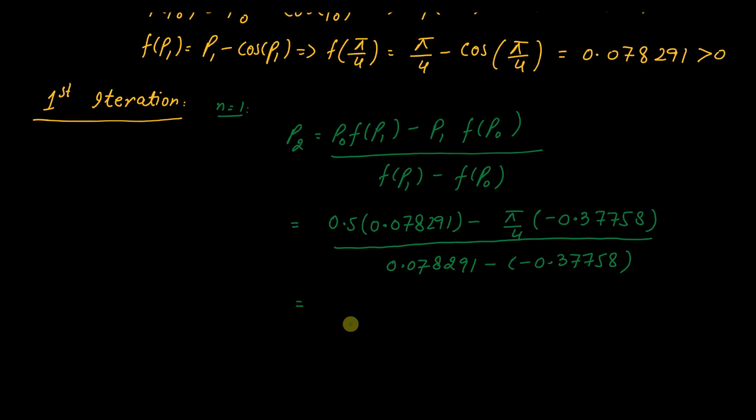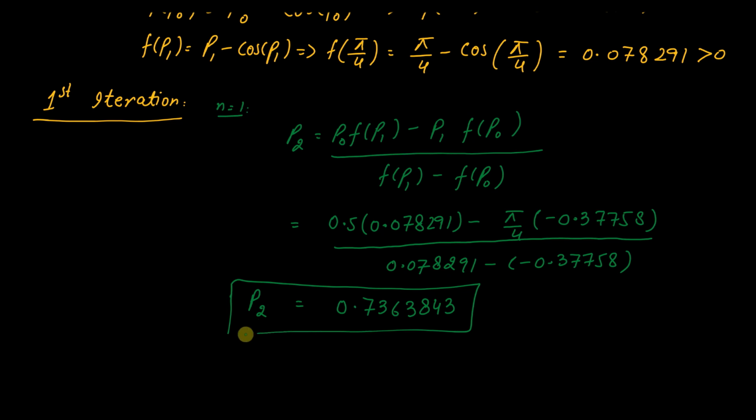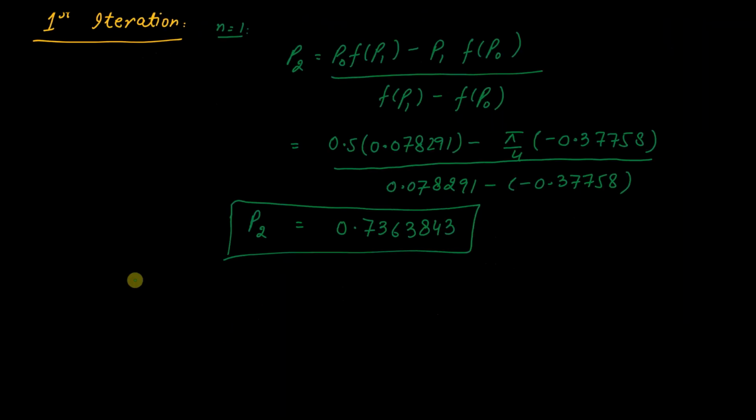After simplification, we get the value 0.73638843. That is the value of P2, and we need to substitute it in the function in order to find the value of f of P2.